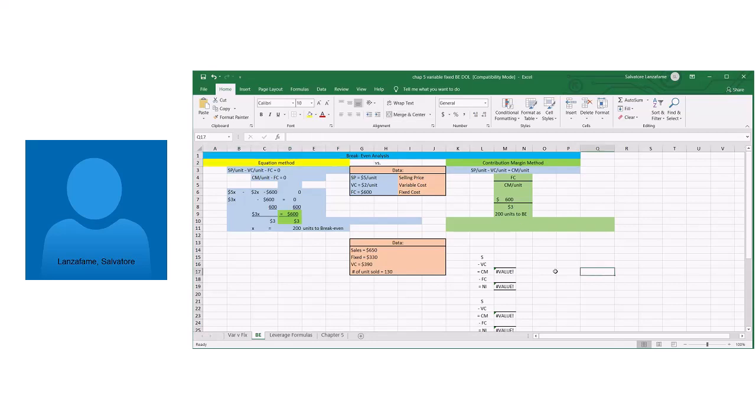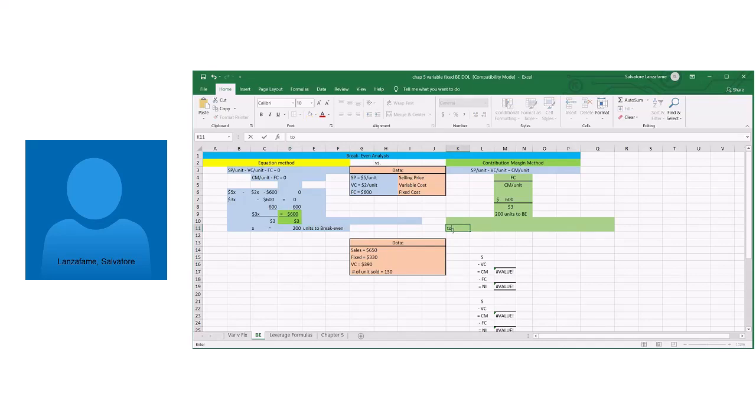Okay. Now, whether you are using the equation method or the contribution margin method, once you have your units to break even, you can also figure out your break even in sales dollars.